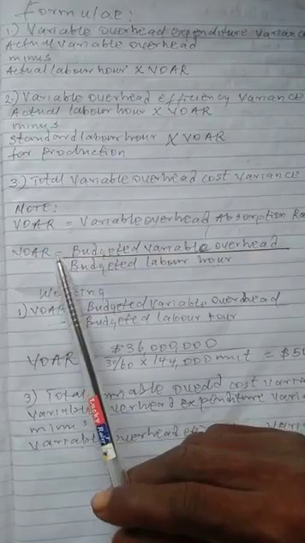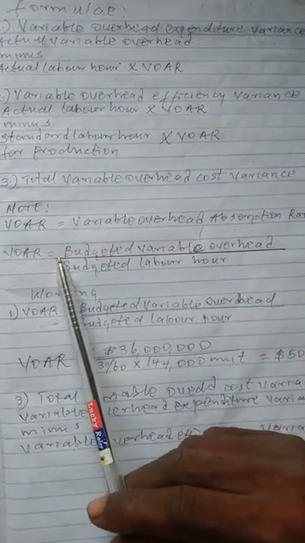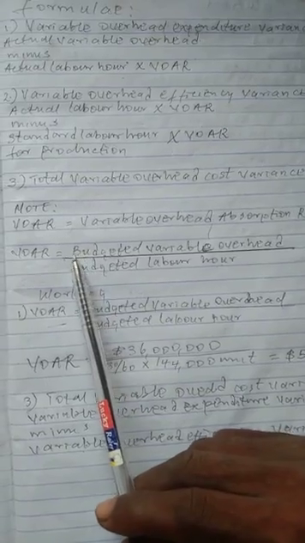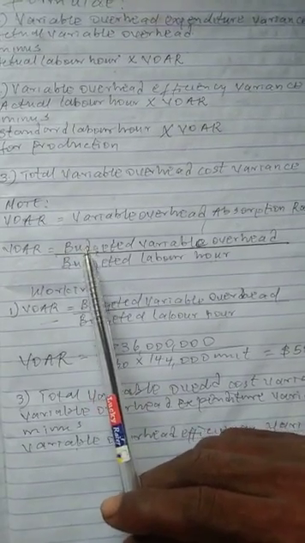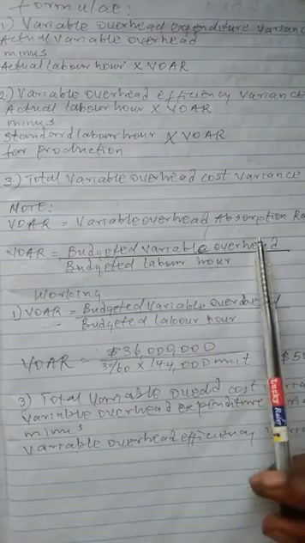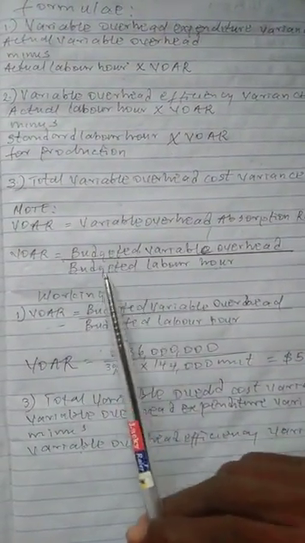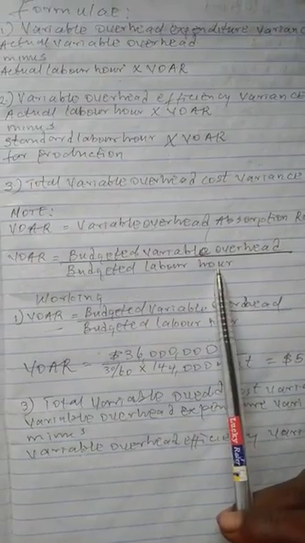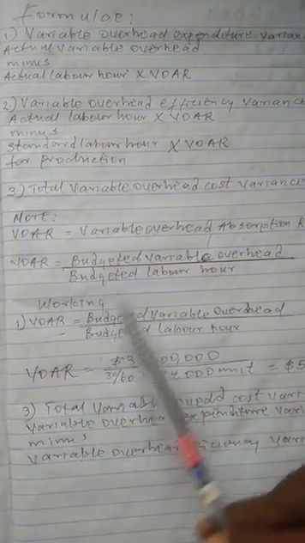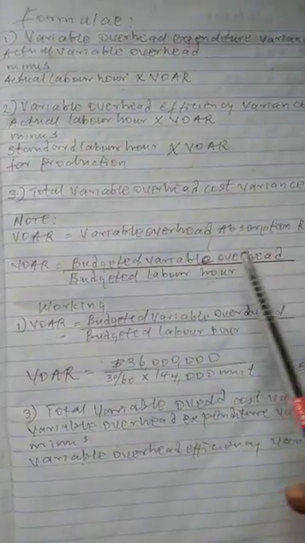The variable overhead absorption rate is calculated with this formula: budgeted variable overhead divided by budgeted labor hour.